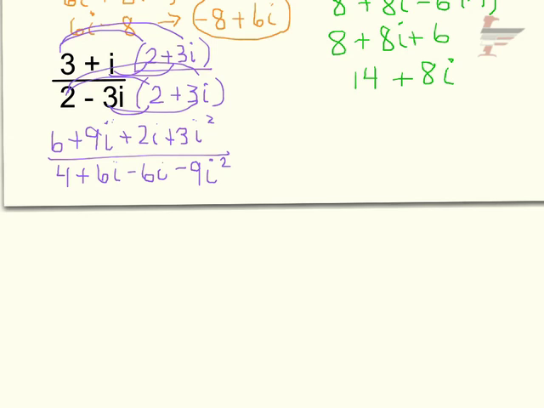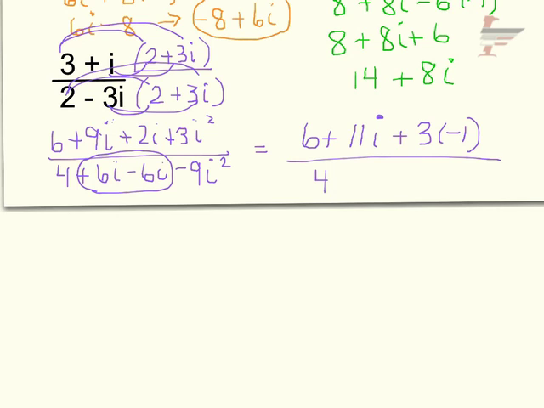And then simplifying that numerator, I can combine my i's, so I'm going to have 6 plus 9 plus 2 is 11i. i squared is negative 1. My denominator, the i's here cancel out, so that's great. And then i squared is negative 1.